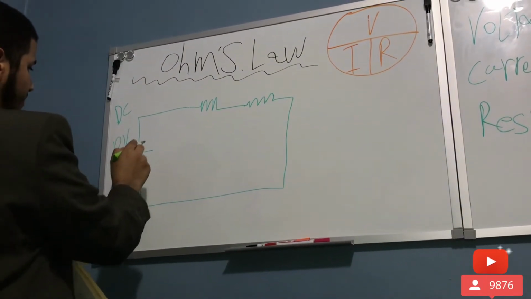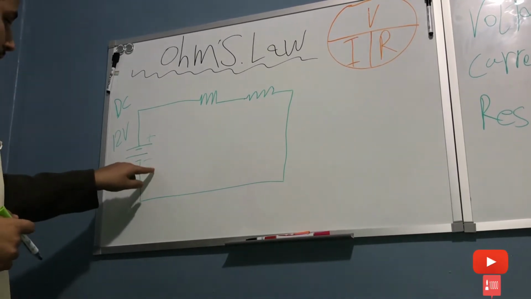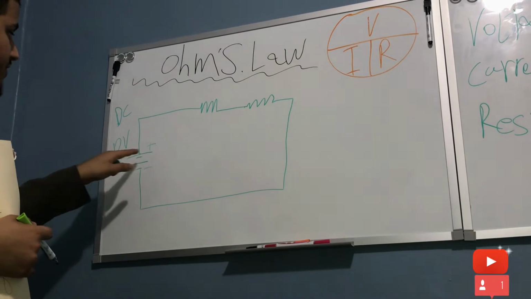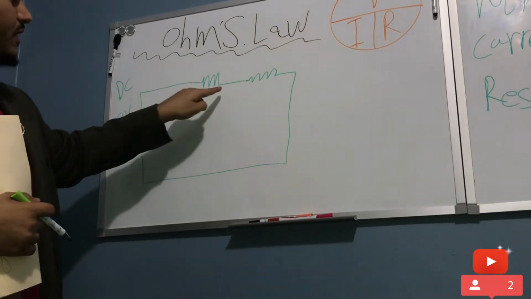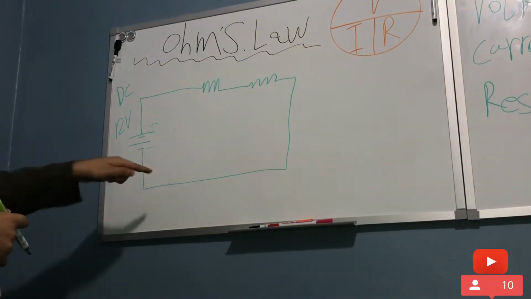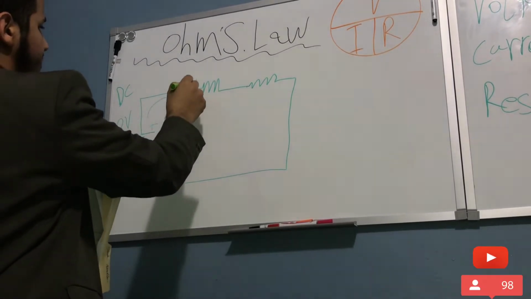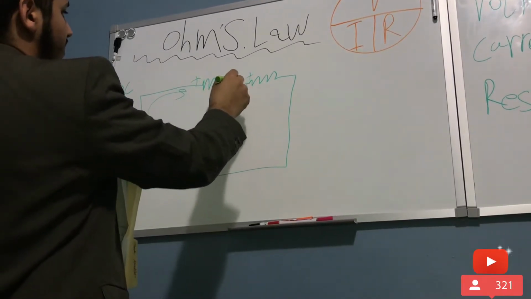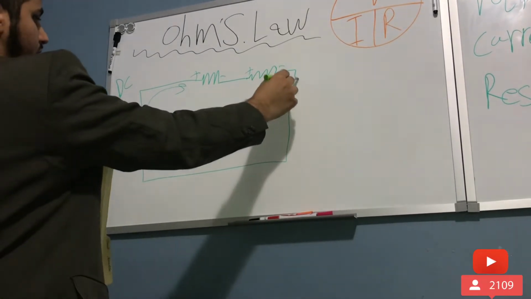So I have here the positive, and here's the negative. The current is going from the positive to the negative, all the way to the negative terminal. So it's going this way.